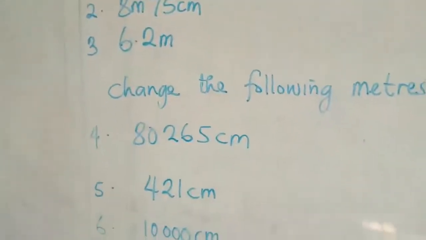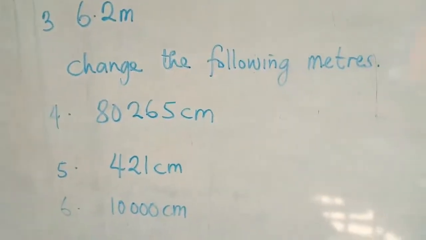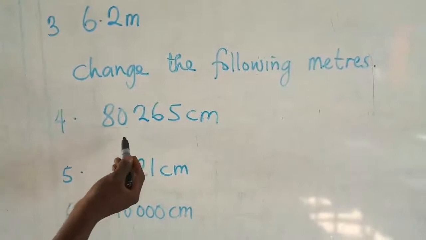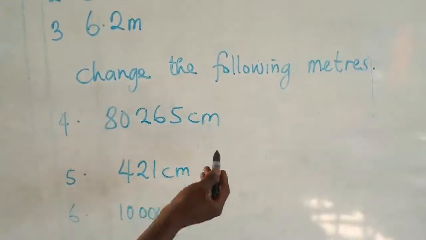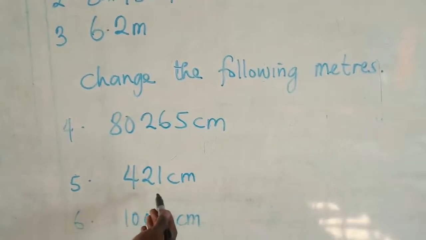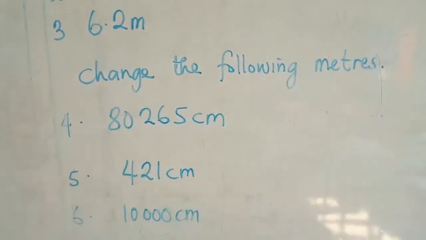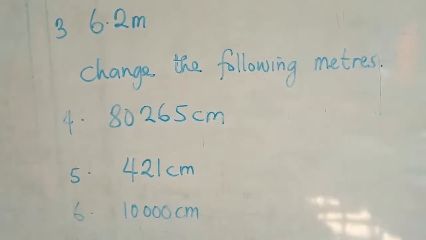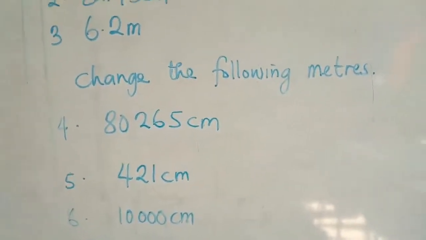Then the last 3 questions have to do with changing from centimeters to meters. Question 4, change 80,265 centimeters to meters. Question 5, change 421 centimeters to meters. And question 6, change 10,000 centimeters to meters. Good luck.